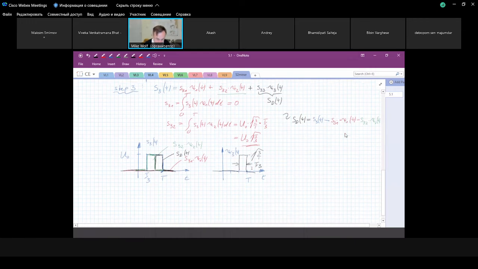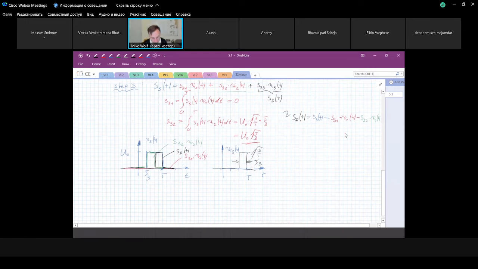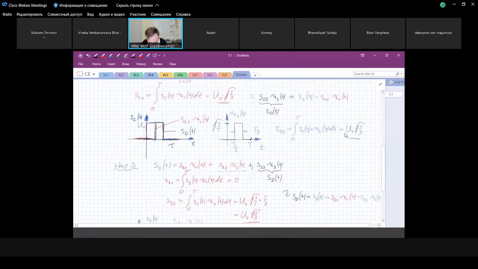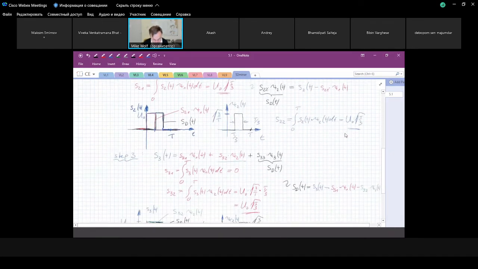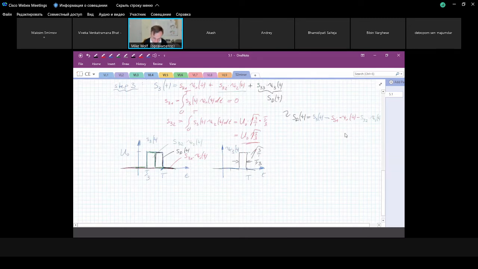So we could say we have our basis functions, and we don't need more basis functions, because the fourth signal can be represented by psi1, psi2, and psi3. You can immediately see this. We don't need a further basis function, and we want to ensure a minimum dimension of the signal space. So step 4: S4 of t is equal to S41 times psi1 of t.